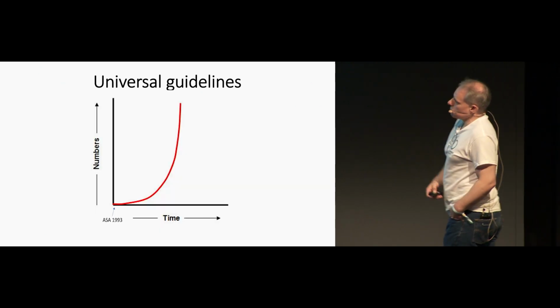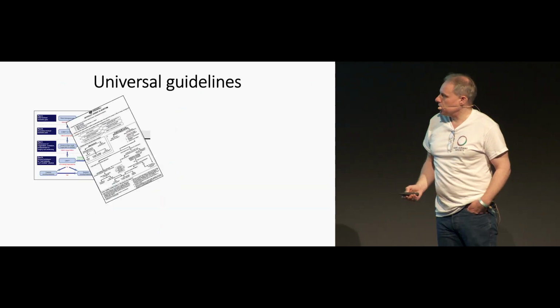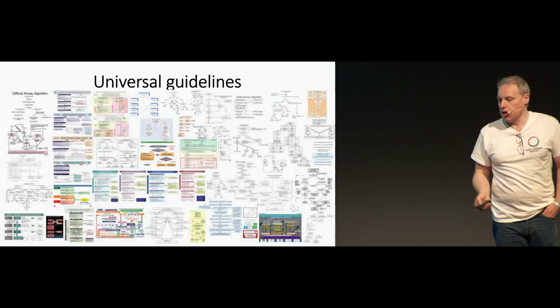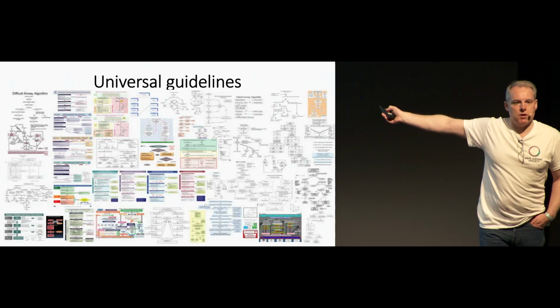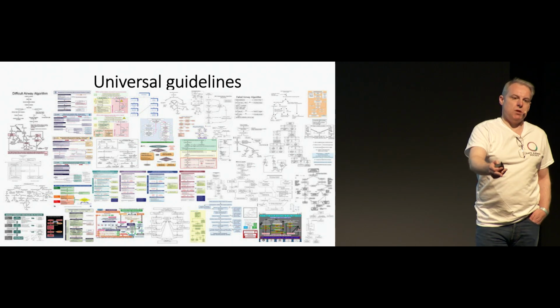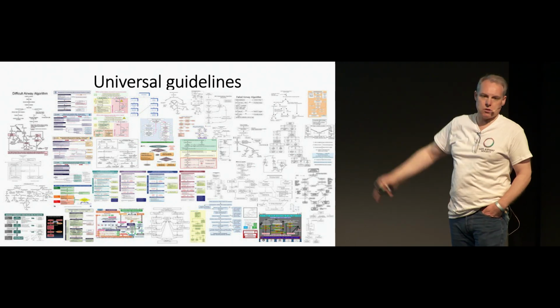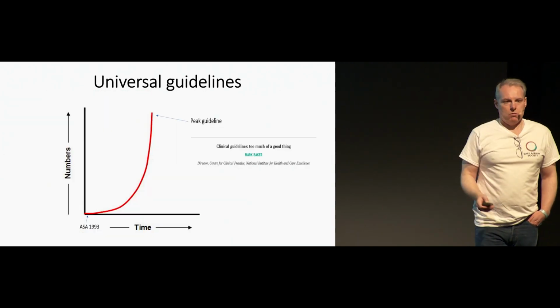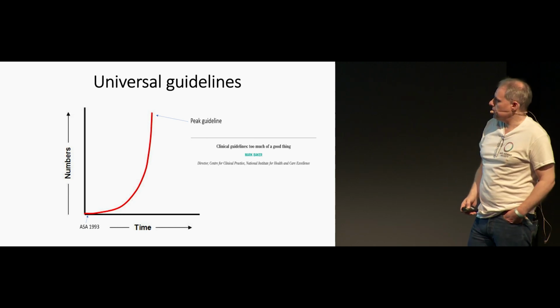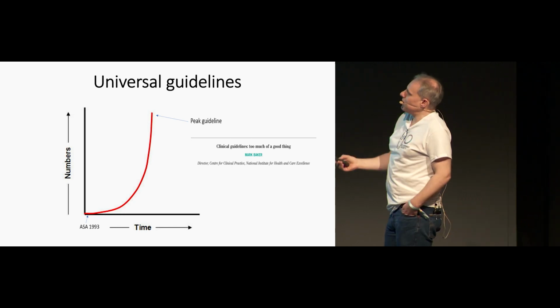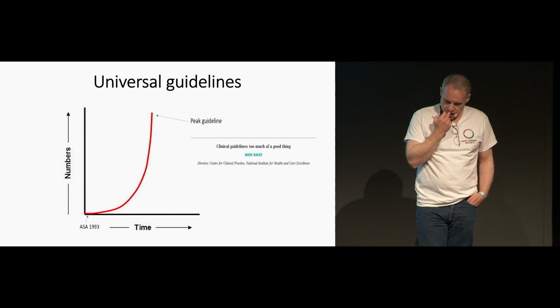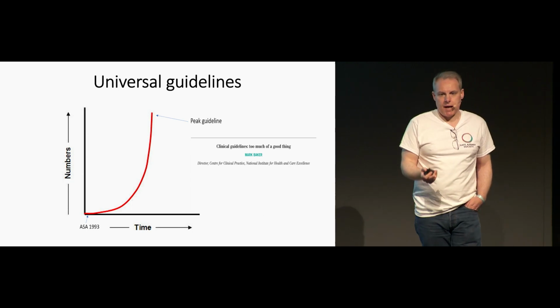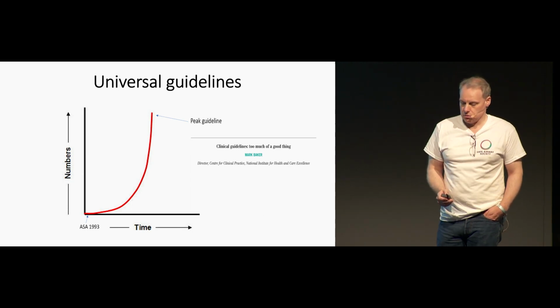So what we're seeing is this profusion of guidelines, loads of them. This is actually 5 years out of date and is only for anaesthetists. If I was speaking to an ED audience, I'd have just a complex diagram, only for ED. So we may have reached peak guideline, and all these guidelines perhaps have become detrimental, I believe.